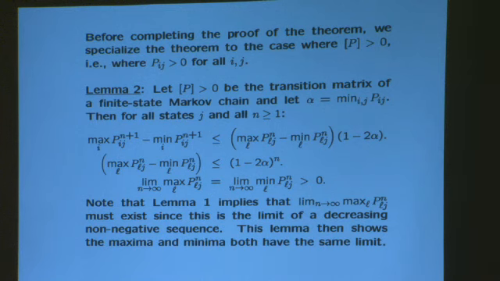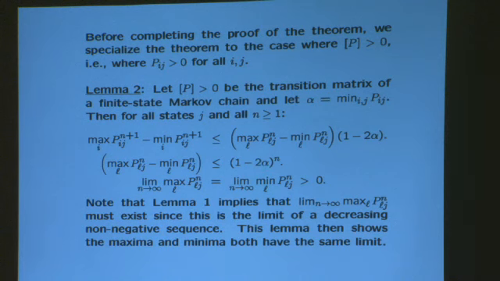So you just keep on iterating this over n, and then we should get this. We prove this by induction. We just have to prove the initial step, that the maximum single transition from l to j minus the minimum single transition from l to j is less than or equal to 1 minus 2 alpha. This one is proved by induction.